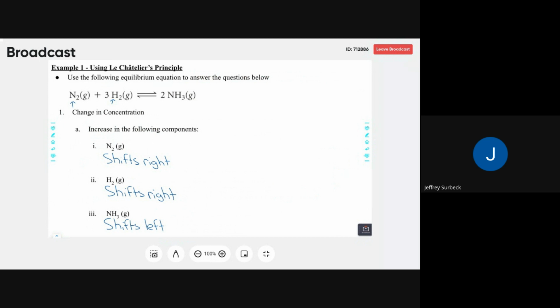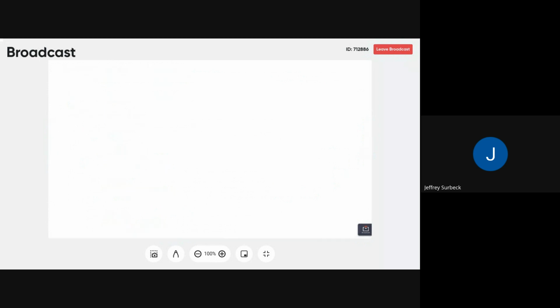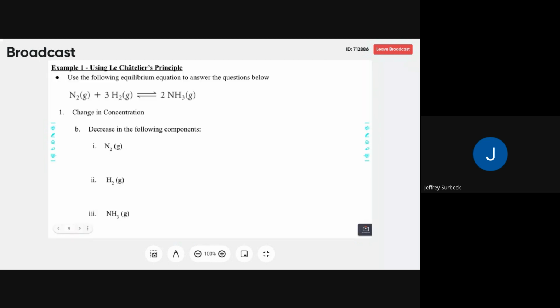All right, so here we go on this. Now, still changing the concentration, but now we're decreasing. We do the same exact route here. Now we are lowering our amount of N2. If we lower or take that away, it shifts to the same side.